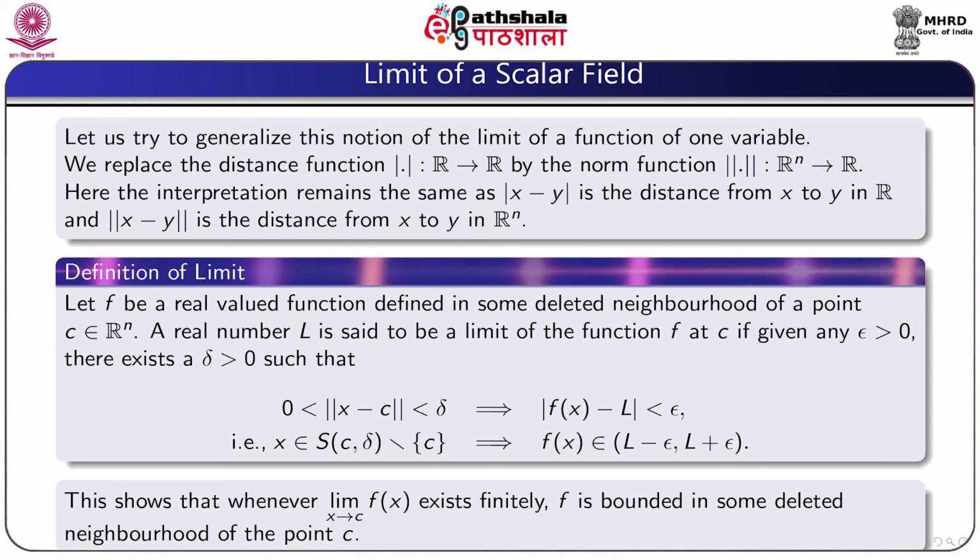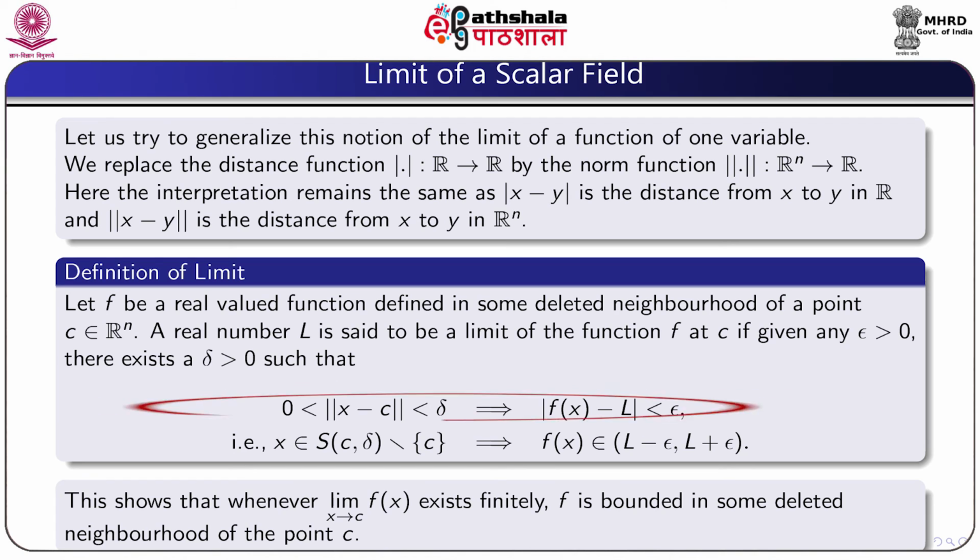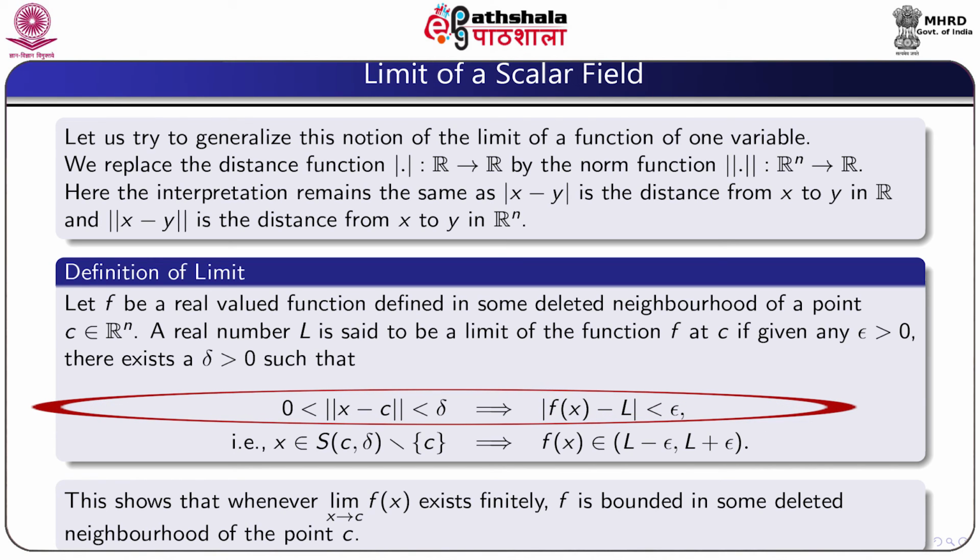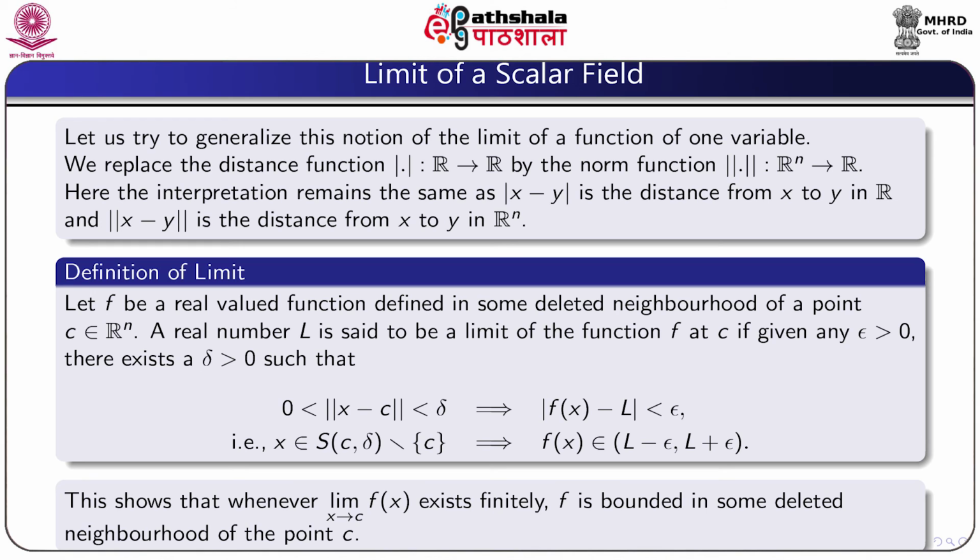Now, we give the precise definition of limit. Let f be a real valued function defined in some deleted neighborhood of a point c in R^n. A real number L is said to be a limit of the function f at the point c if given any positive epsilon we can find a positive delta such that whenever 0 < norm of x minus c < delta, we have the distance between f(x) and L less than epsilon.